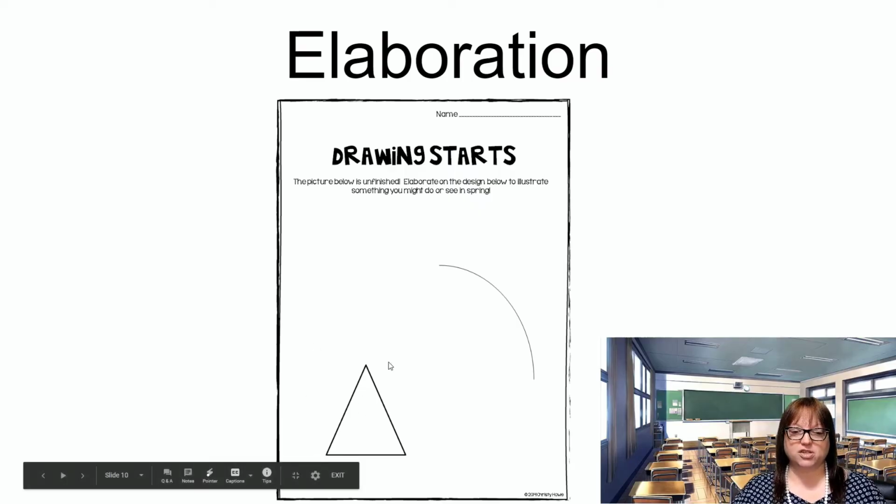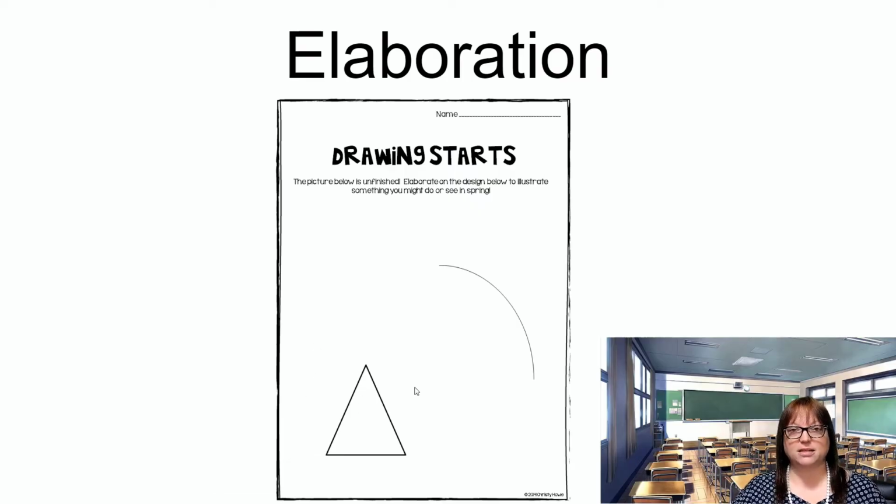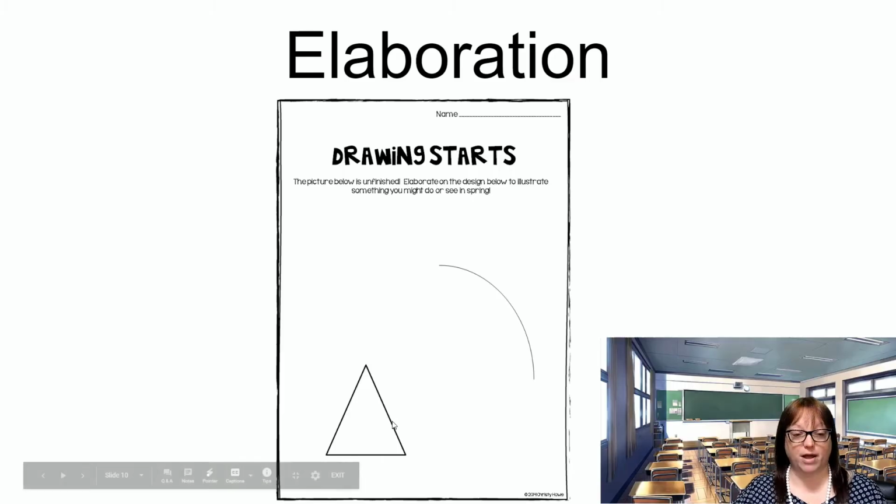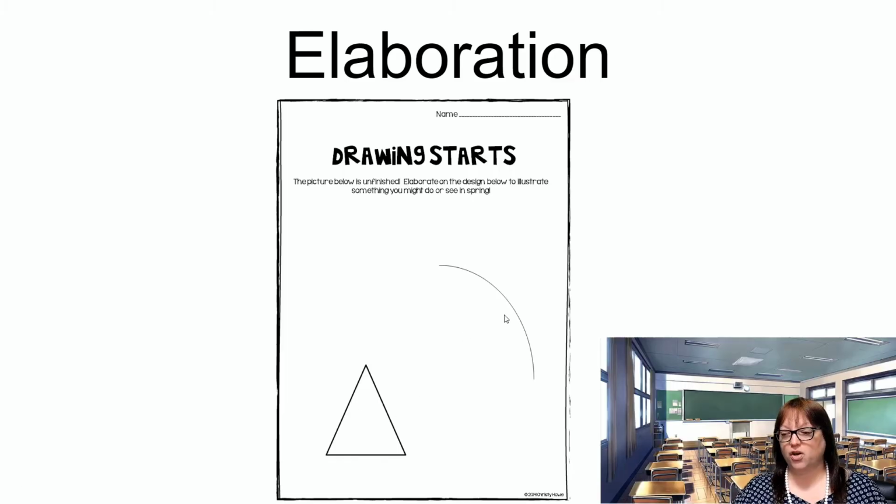So maybe they just come up with this, and in the spring, they go to the playground. So this triangle becomes part of a seesaw, and they build a seesaw, and then that arc in the back is like the jungle gym, and they draw that, and they have kids, and they have flowers everywhere, and all of a sudden they've elaborated on what's happening in this drawing, and they've created a whole spring scene, okay?